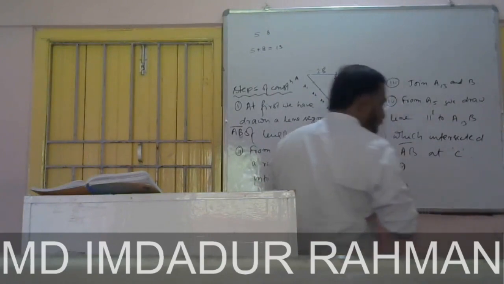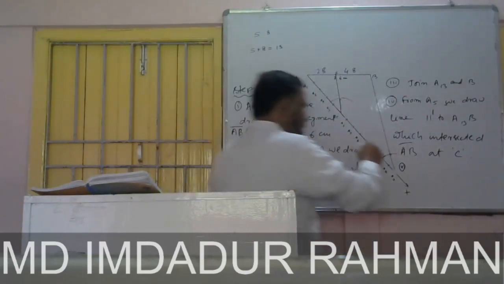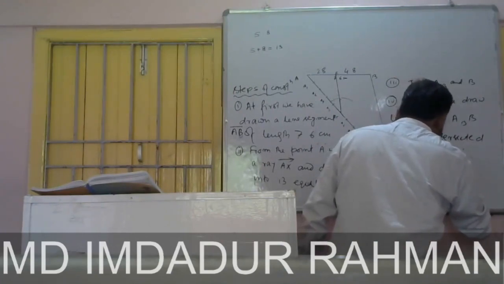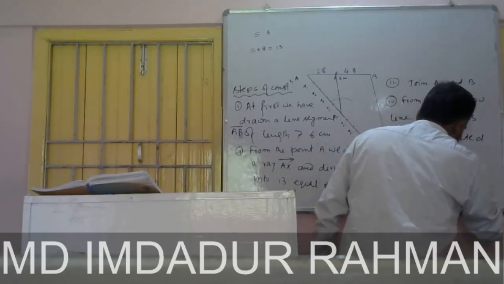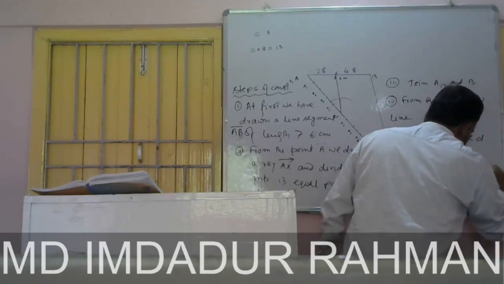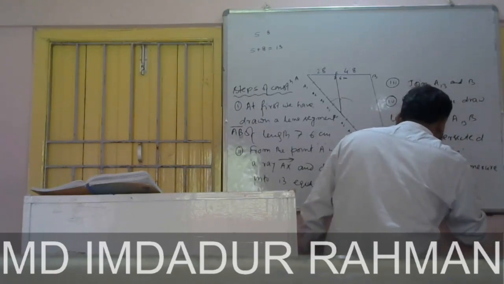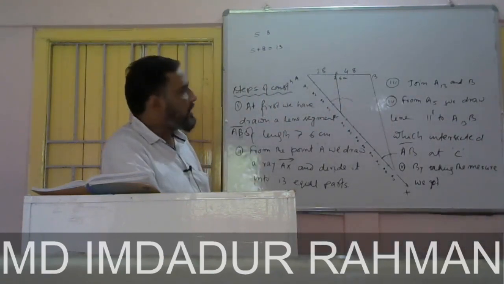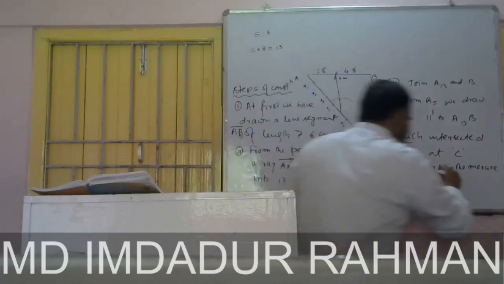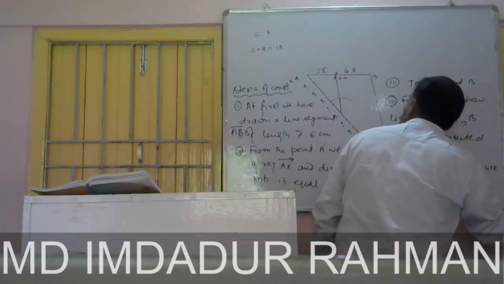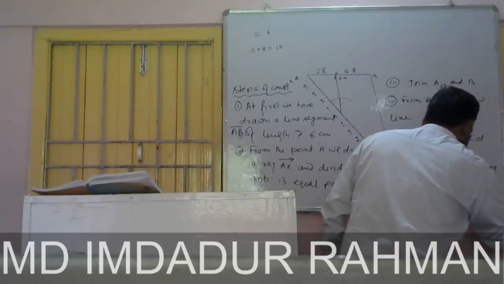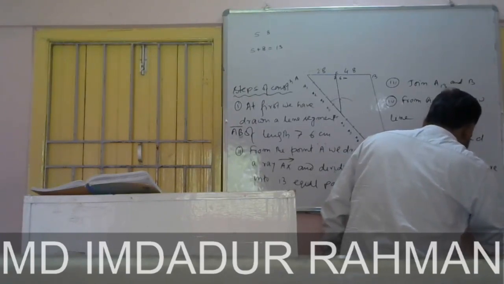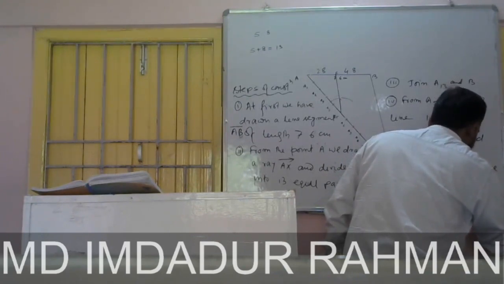Now, as you have to take the measure, by taking the measure, we got, I have taken the measure, AC is equal to 2.8 centimeter and BC is 4.8 centimeter.